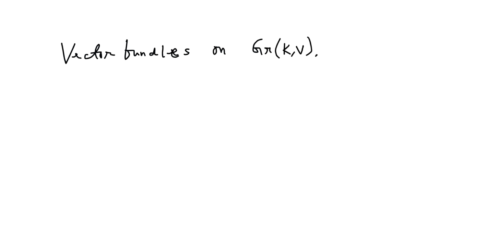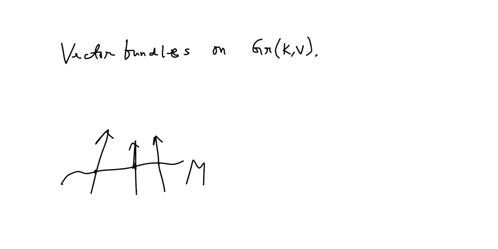Similar to the concept of the tangent bundle, where on each point you have a tangent space, in general, on each point you can attach a vector space. Suppose you have some manifold M, and on each point you can attach some vector space, and you can do it in a smooth way.